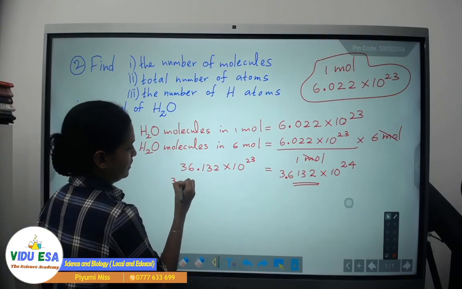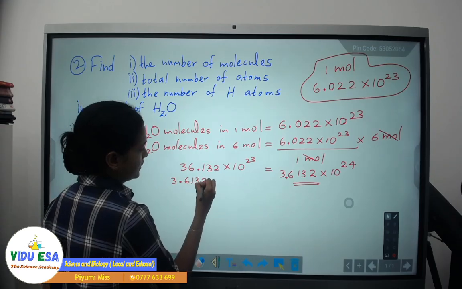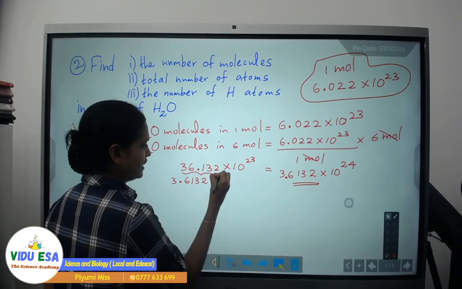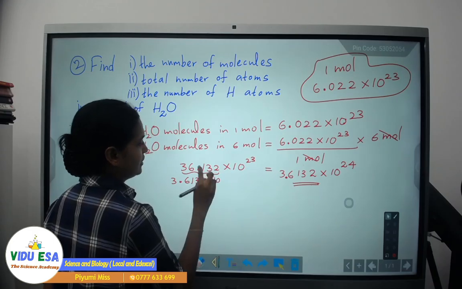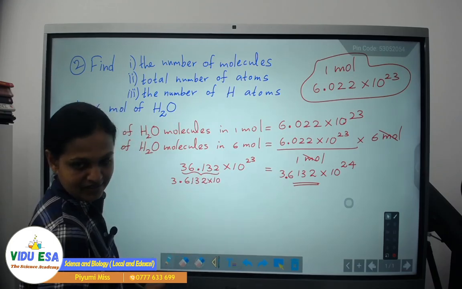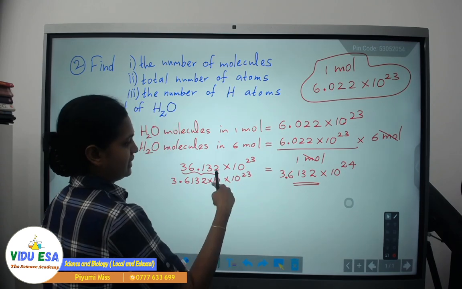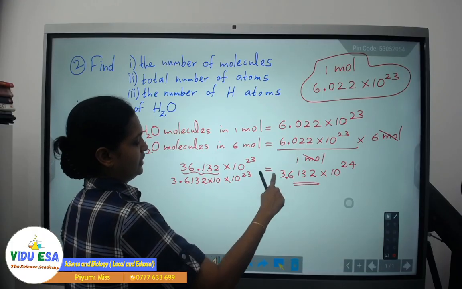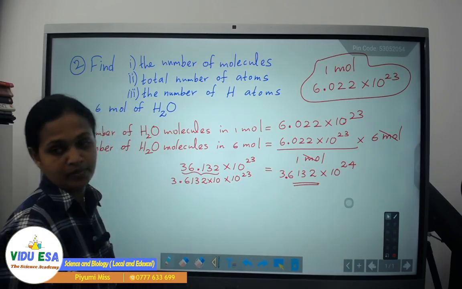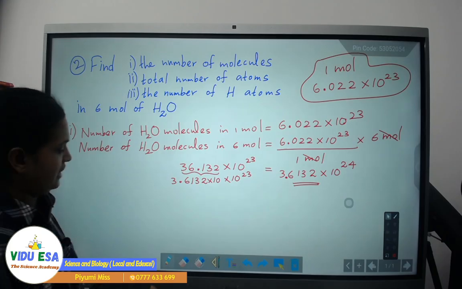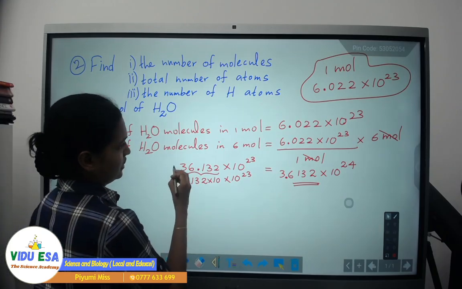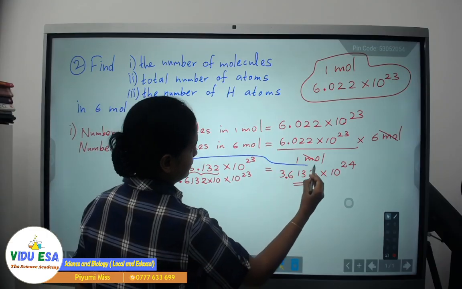When I say 3.6132, I have to multiply it by 10 in order to get the previous value, right? Then into 10 to the power 23. And I wrote it as 3.6132 into 10 to the power 24. Right? Harined, you have learned these for mathematics, no?